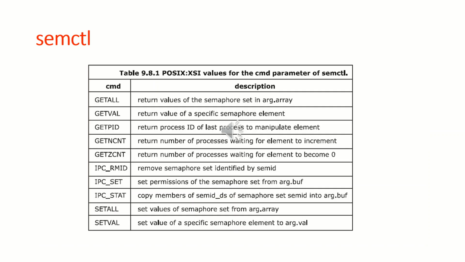The 5 commands that refer to one particular semaphore value use semnum to specify one member of the set. The value of semnum is between 0 and nsems minus 1 inclusive.